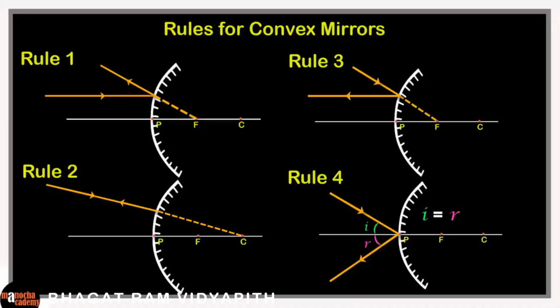Similar to concave mirrors, avoid using the 4th rule unless really necessary, because measuring angles accurately with your protractor is hard and it can lead to inaccuracies in your diagram. So basically you need to select 2 out of the first 3 rules for convex mirrors.